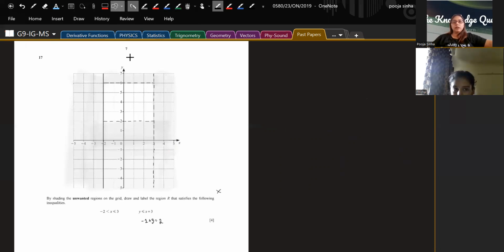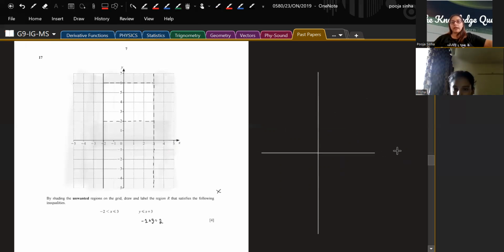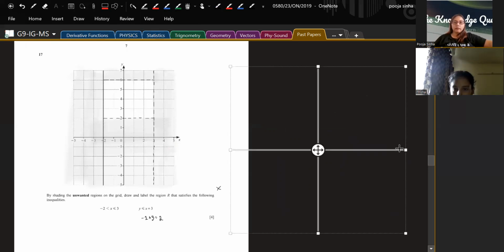What I will do is, let's say now I have y is equal to x plus 3. So now this is your question which is given here.